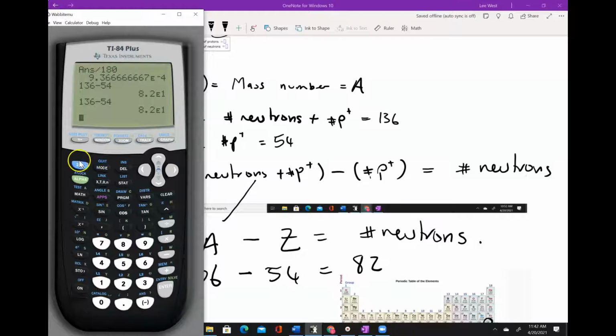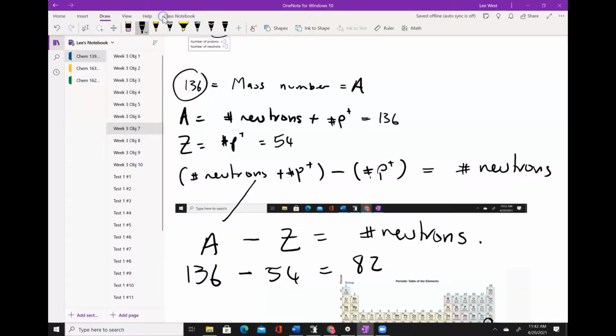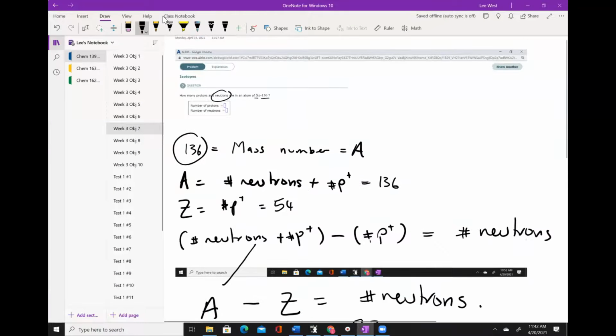There we go. Alright, 82. So that's easy going. My protons, I'm just going to get from the periodic table. It's just the atomic number, and then my number of neutrons, 82. Add those two things together and that should give me 136, which it does.